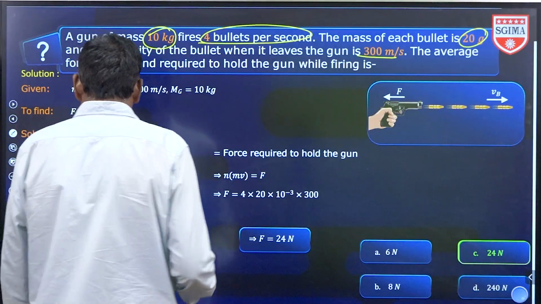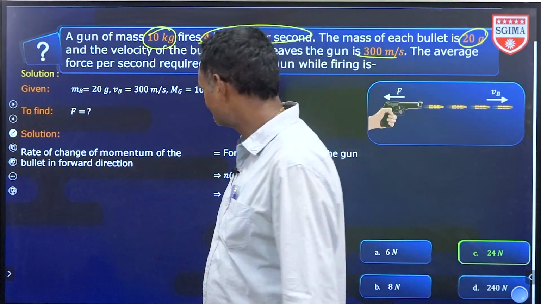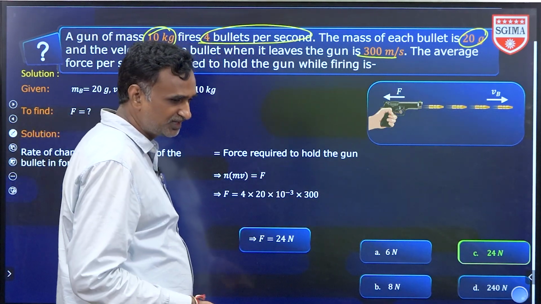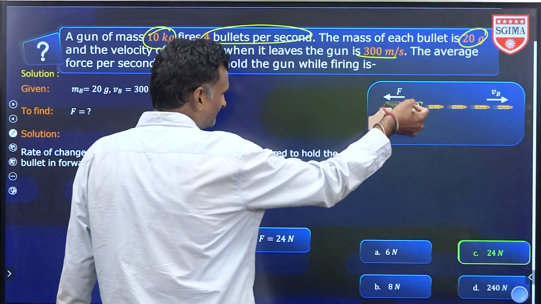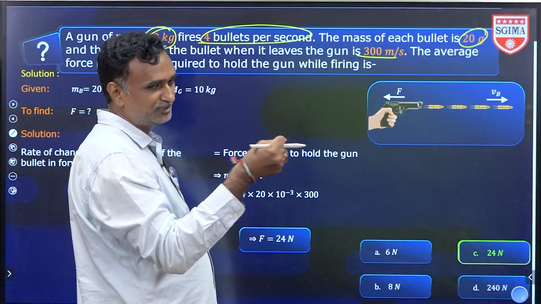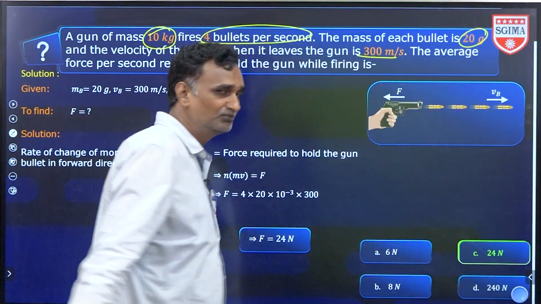Here, the rate of change of momentum of the bullet in the forward direction is equal to the force required to hold the gun. Whatever force is exerted on the bullet, that much force we need to hold the gun, and that force is because of the change in momentum of the bullets.